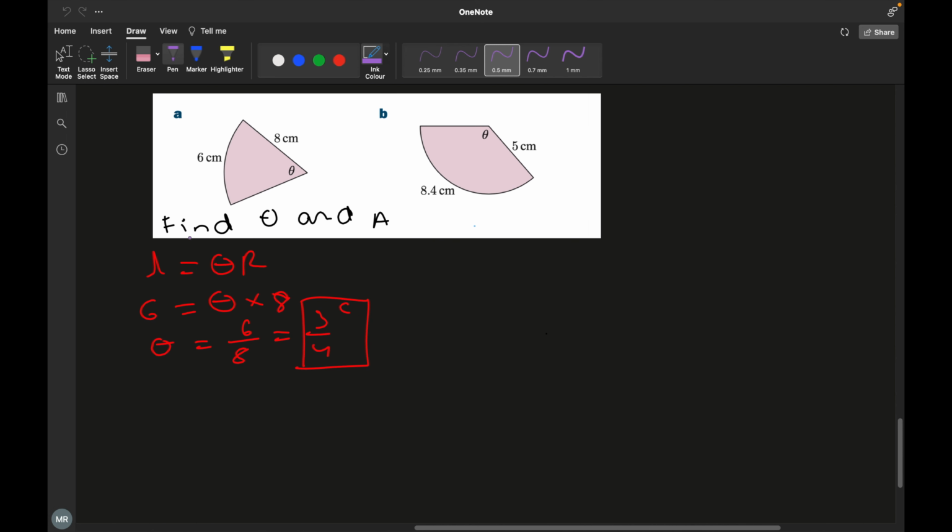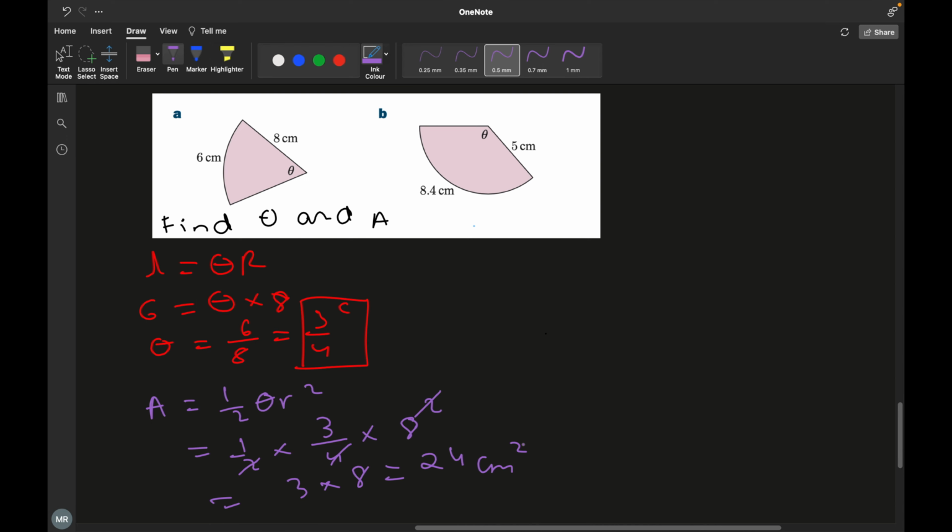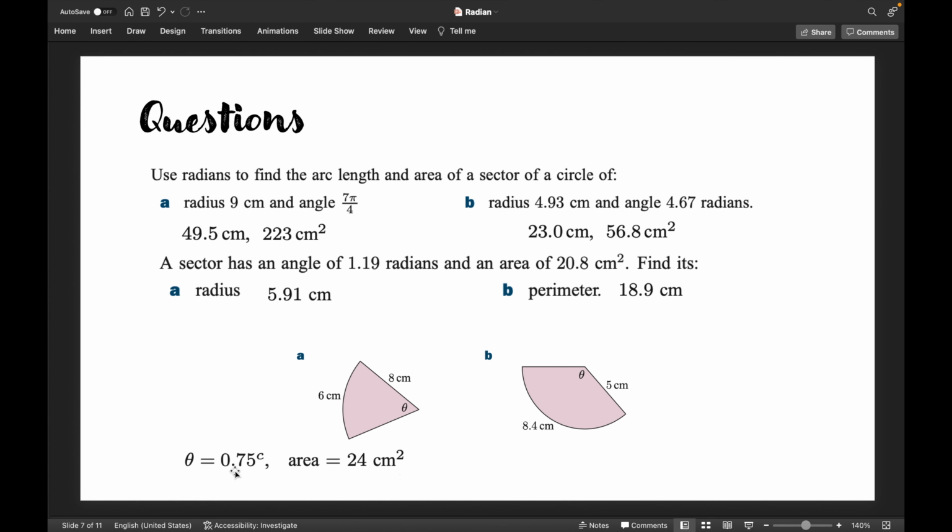Now let's use the area formula, which is half theta r squared. We know that theta is 3 by 4 and r is 8, so 8 squared. So this gets cancelled, so this is just 3 into 8, which is 24 cm squared. So now let's see the answer. Yes, so 3 by 4 and 24.